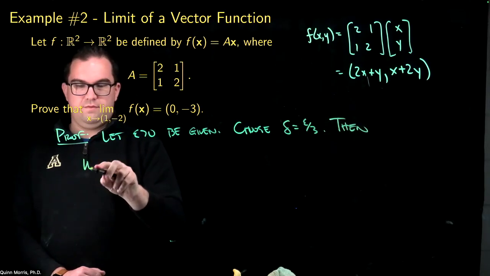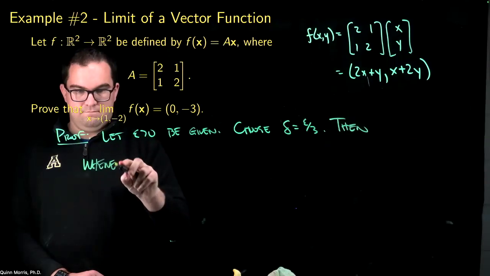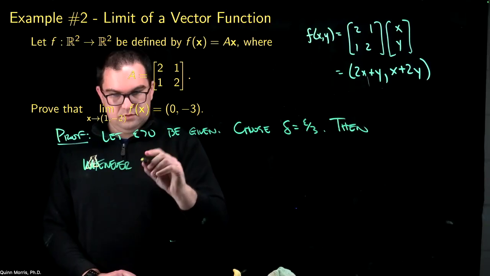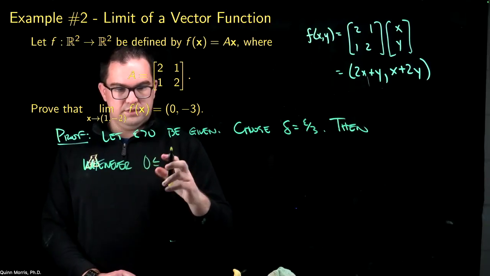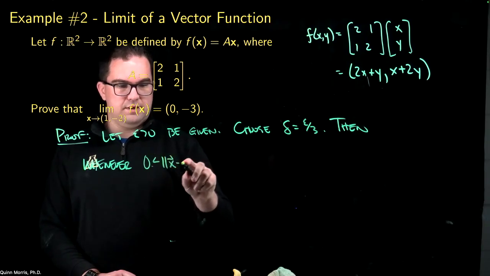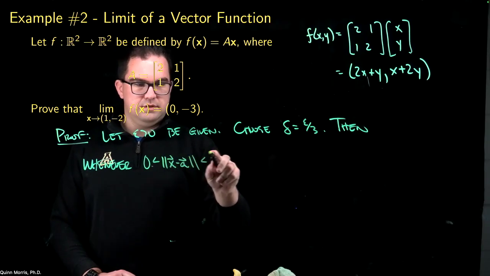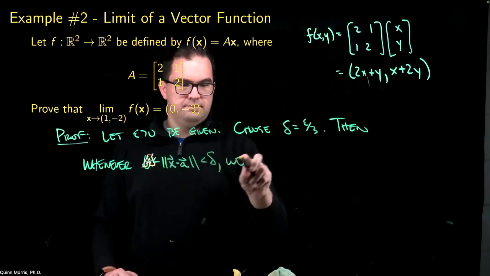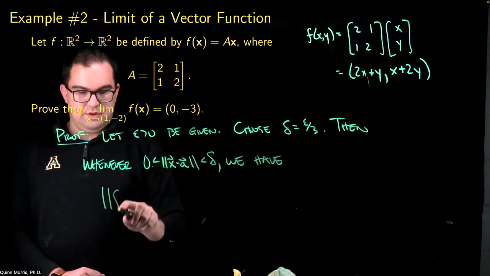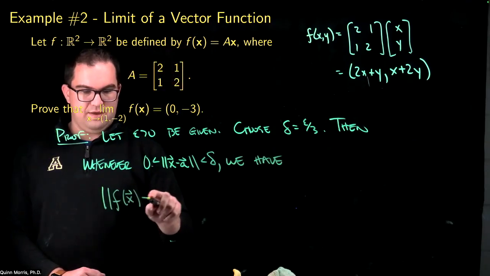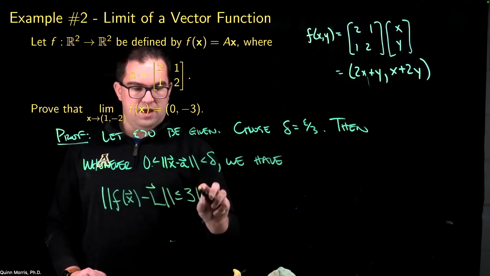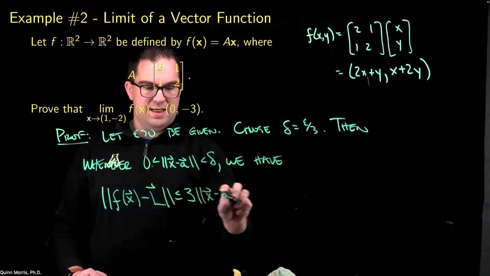And then whenever 0 is less than the norm of x minus a, which is less than delta, we have, okay, so we did all that work to show that the norm of f(x) minus L is less than or equal to 3 times the norm of x minus a.